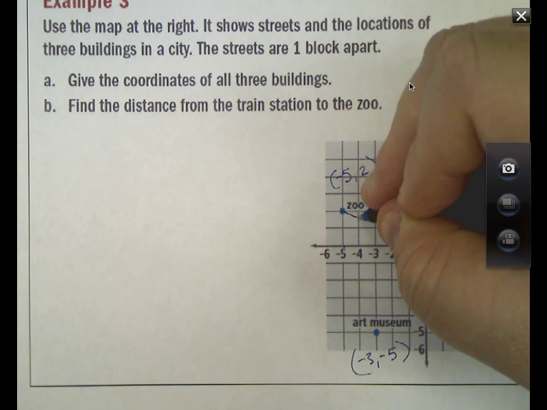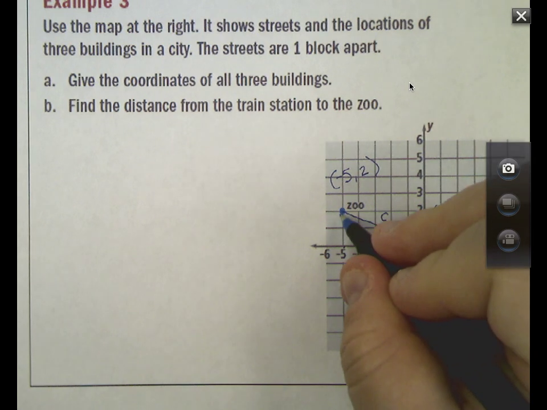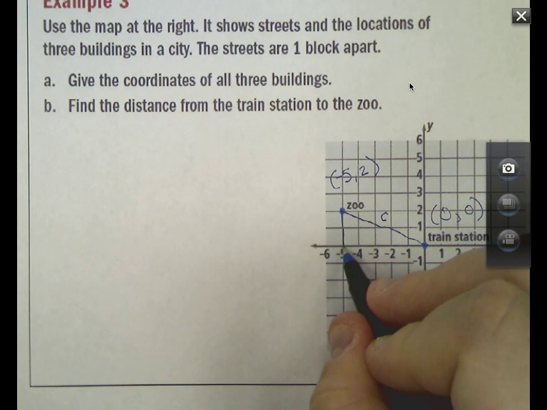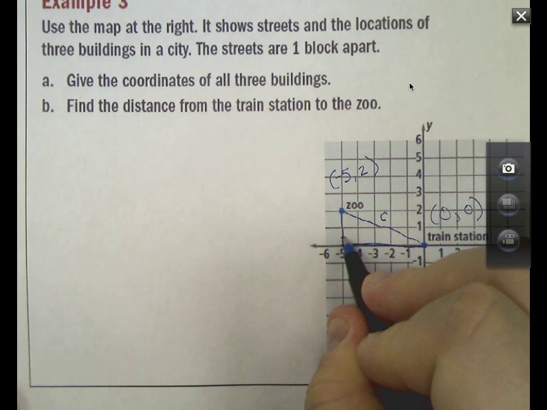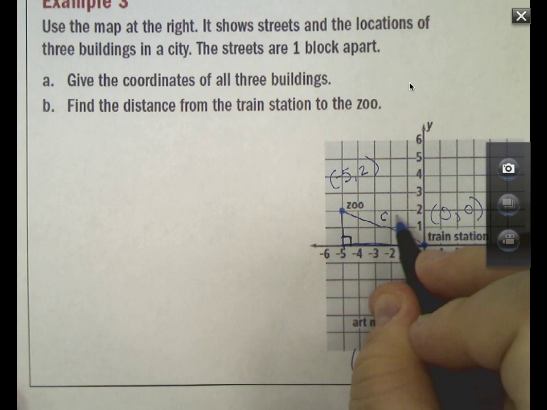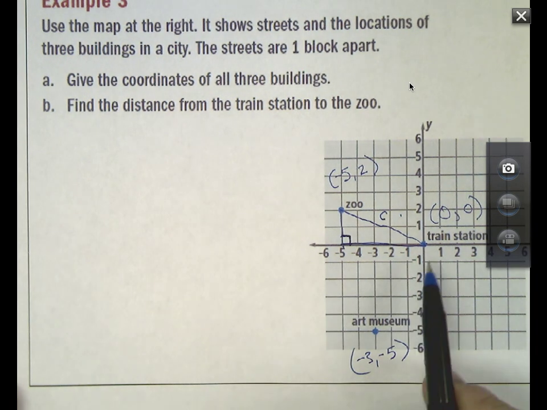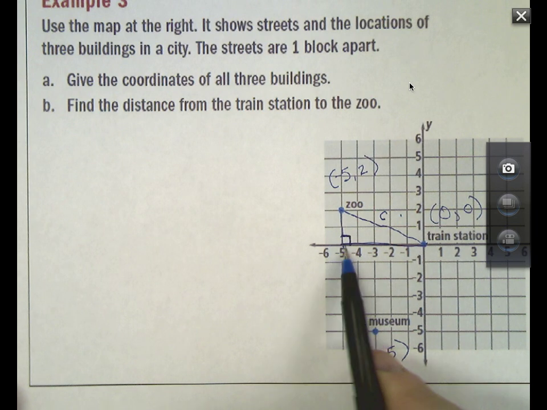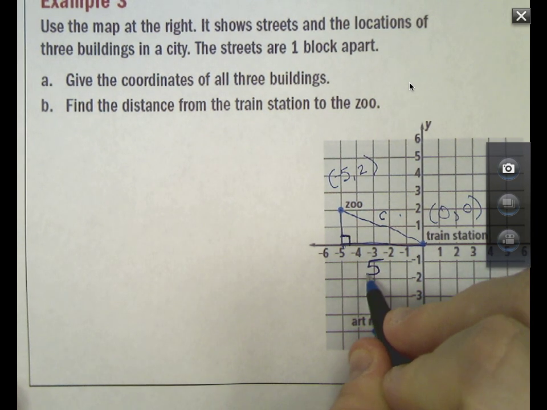Part B says find the distance from the train station to the zoo. So we're looking for this. I'm going to call this my C. Why am I going to call this my C? Because this right here is going to form my right triangle, and therefore that is my hypotenuse. Well, what's the distance from here to here?